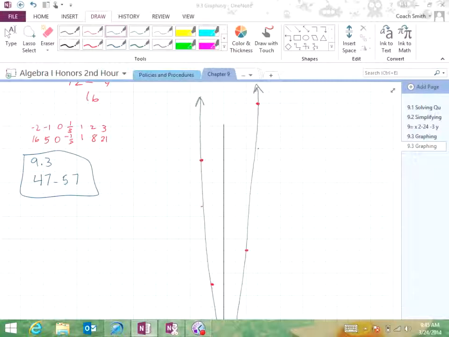This is 11. Looks like there's only 2 of those that point down.